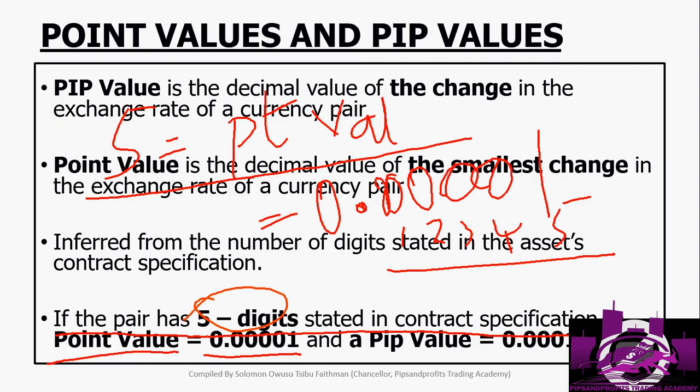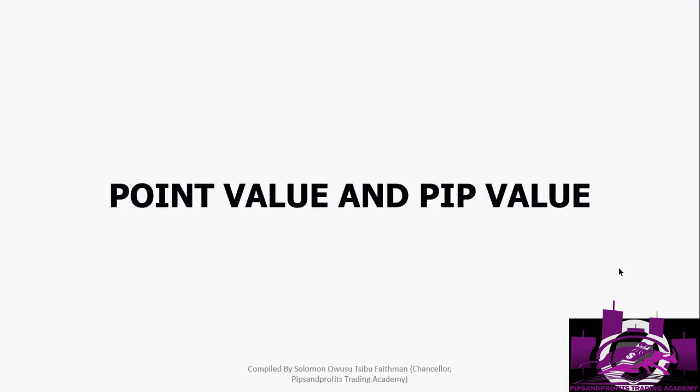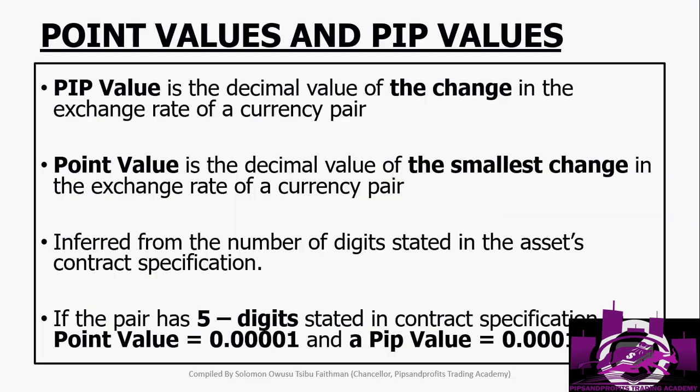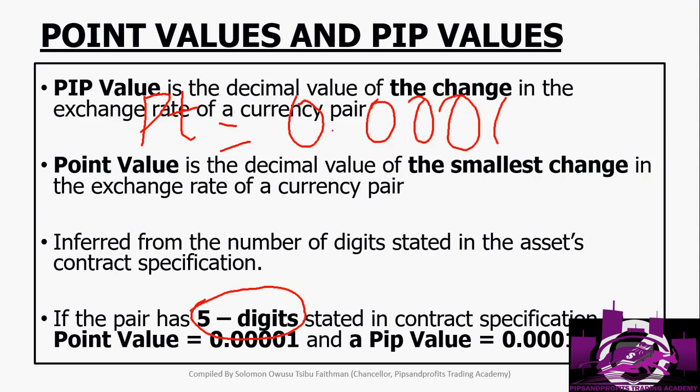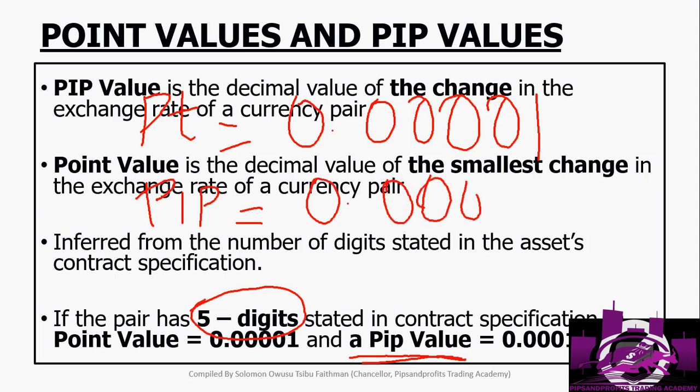From our contract specification, if we have 5 digits, then our point value is going to be 0.00001, and then our pip value is going to be 0.0001.